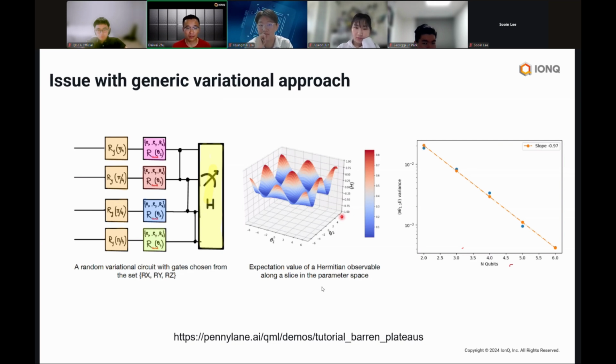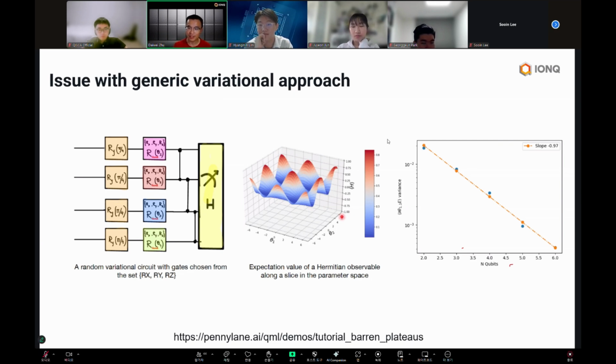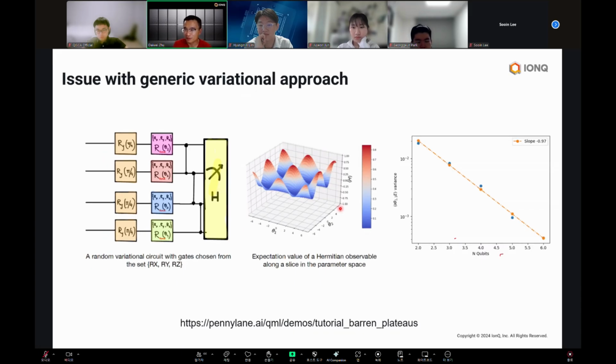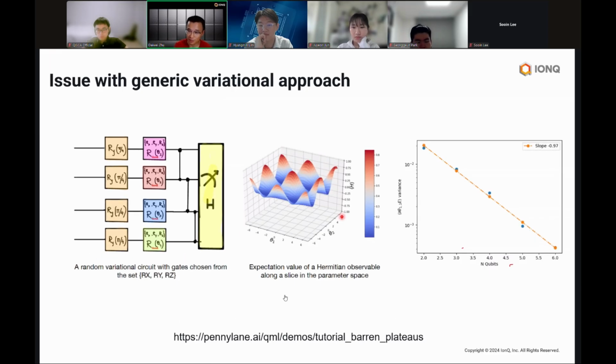These problems are not really there, or only there to some extent, in classical machine learning, right? That's why classical machine learning and neural networks have had such success on the one hand, because the gradient seems to be strong anywhere, no matter how deep the network is, as long as you design it properly.